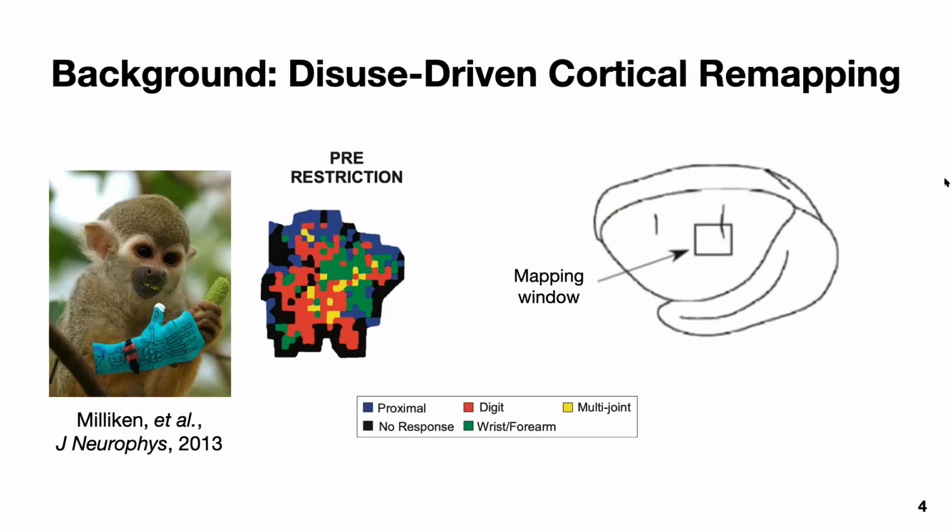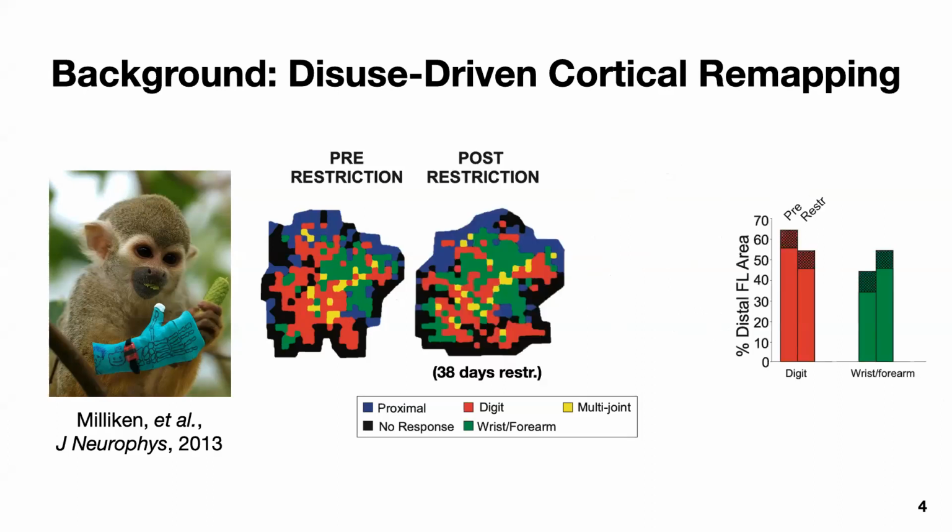And in each of those spots, they stimulated the motor cortex and then looked at what part of the animal moved. And there were lots of areas shown here in red that caused finger movements. And then there are lots of other areas shown here in green that cause movements of other joints like the wrist or elbow. And the really interesting result from this experiment was that these areas that control the fingers, this finger representation, shrunk in the motor cortex after casting.